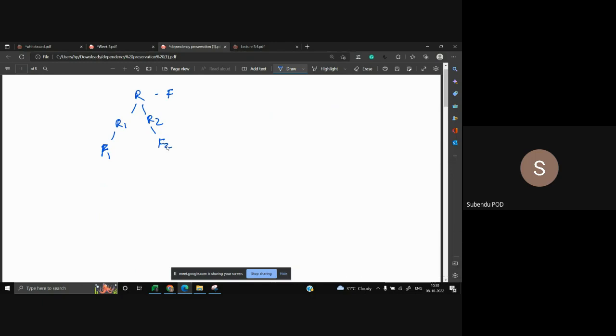So we'll see whether the dependencies are preserved in the decomposed tables or not.